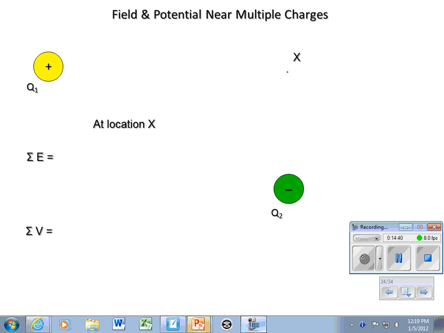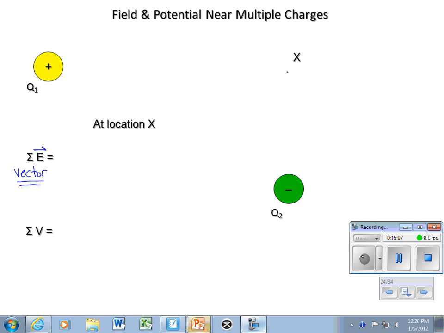One of the most important differences between electric field and electric potential is this, and I haven't been as good about this as I should. Electric field is a vector. That's why we've been able to draw electric fields, representing how strong it is and what direction it points with arrows.